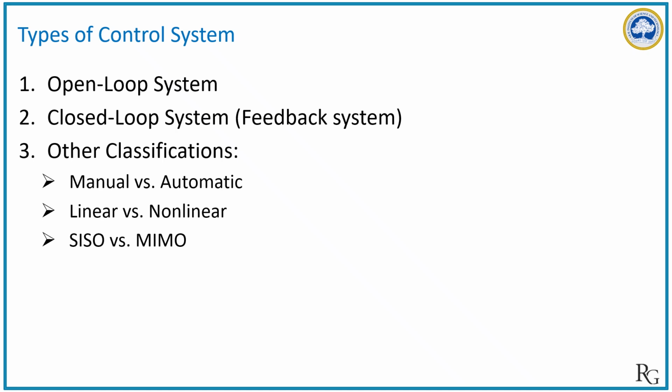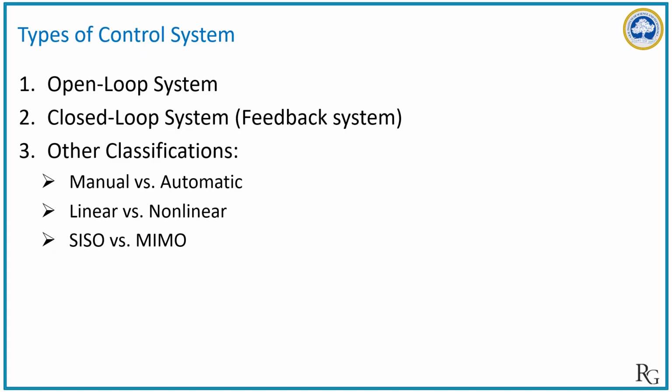That means there is no feedback or there is no correction mechanism. So for example, in a microwave in our household, the oven heats food for a fixed time. Whether the food is heated properly or not, it doesn't matter. So it is a very basic and simple example of open loop control system.